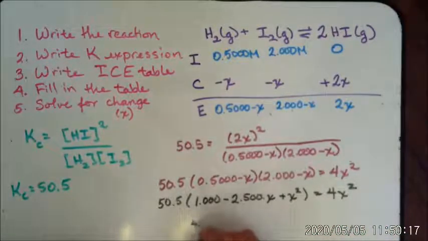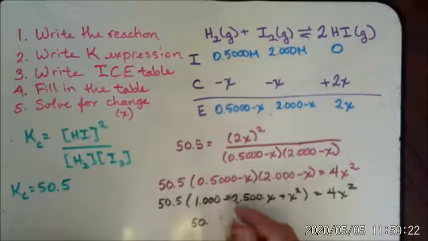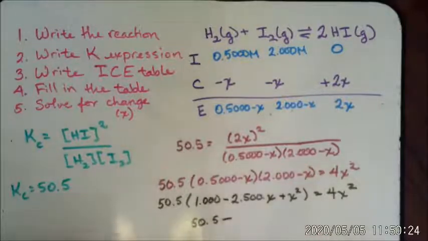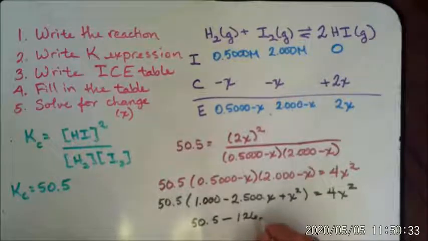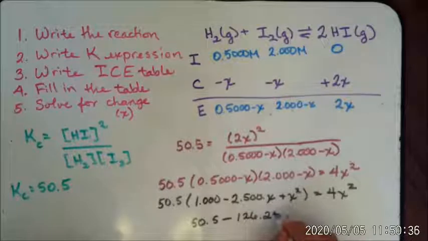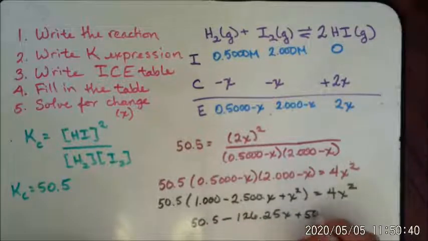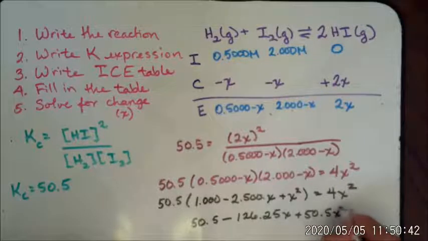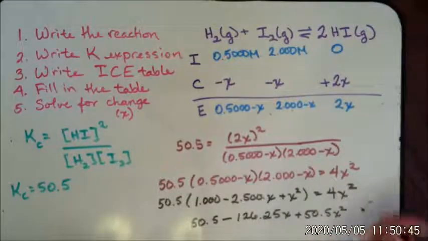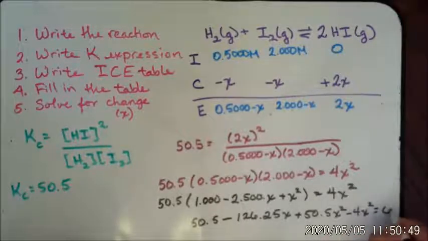So 50.5 minus, and then let's do 2.5 times 50.5, minus 126.25x, all right, plus 50.5x squared, and I'm going to subtract both sides by 4x squared, and this will be equal to 0.